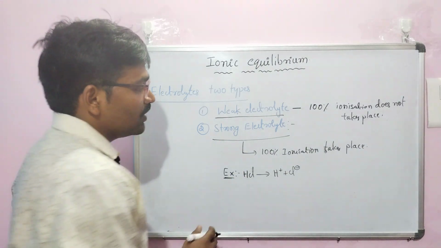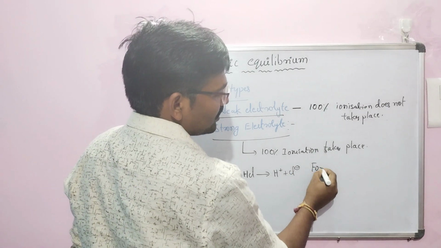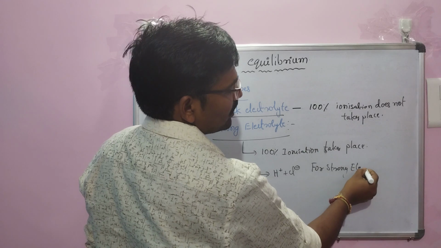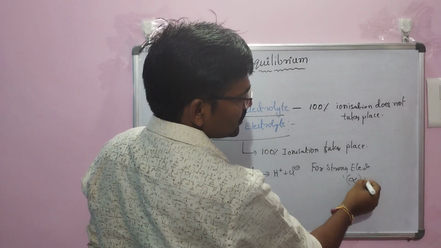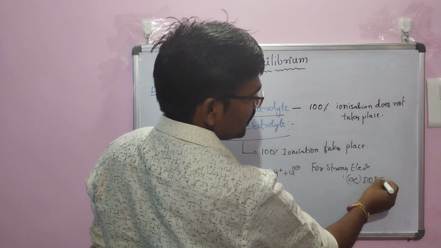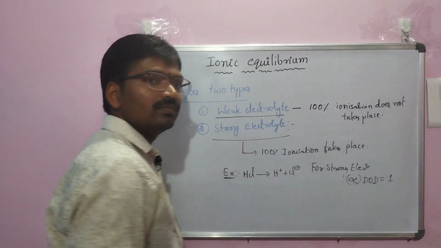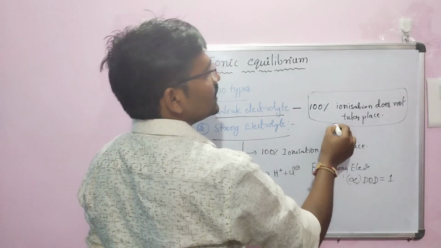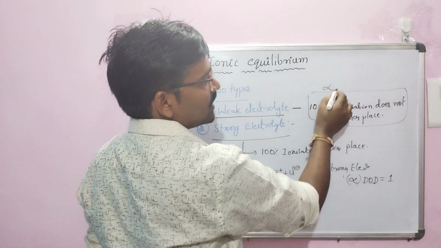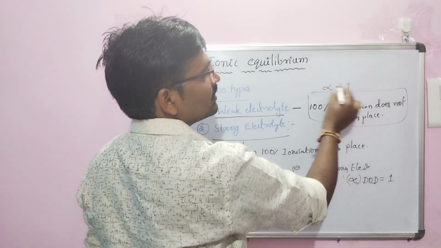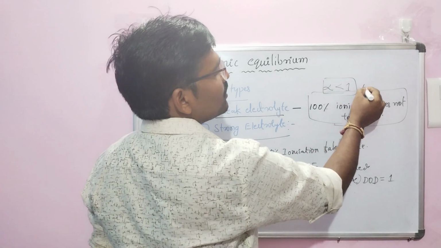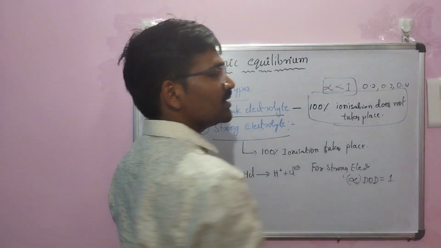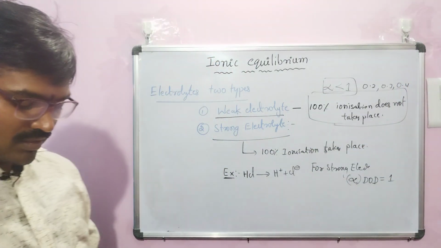For strong electrolytes, the degree of dissociation is equal to 1. What about weak electrolytes? Their degree of dissociation is less than 1, maybe 0.2, 0.3, 0.4, 0.5, 0.6 up to 0.8 and 0.9 also.